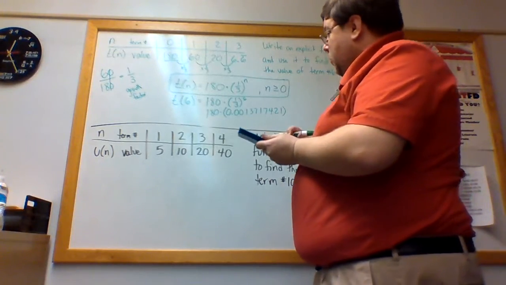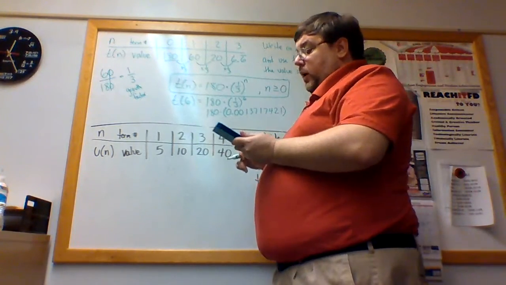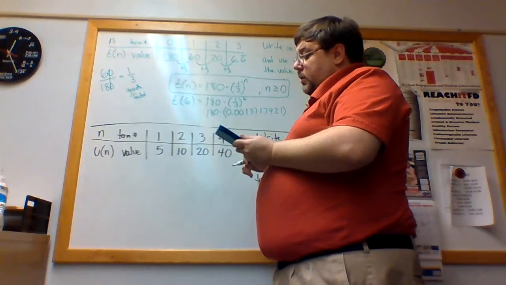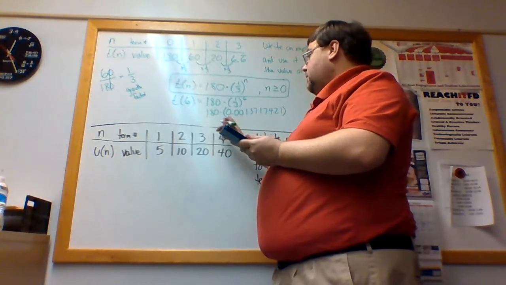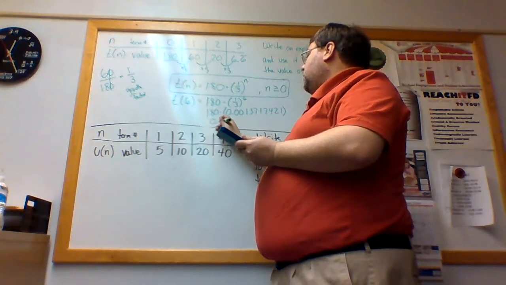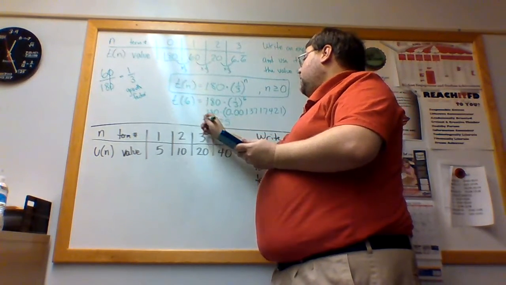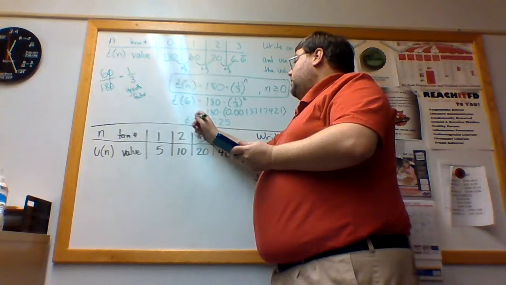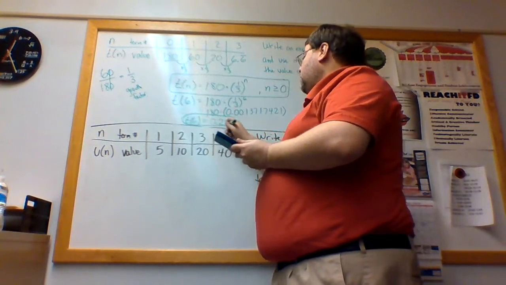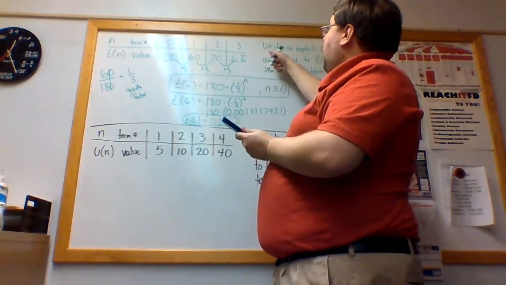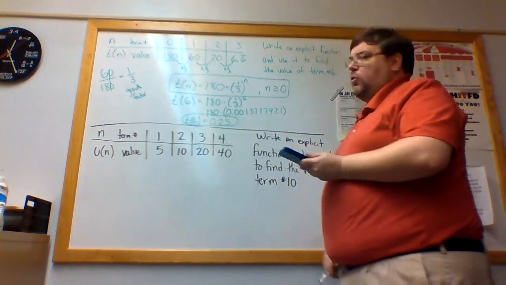So multiply that by 180, and now I round the result, which my calculator says 0.246, so I will round that to 0.25. So t of 6 means the 6th number, if I were to keep this pattern going, would be about 0.25.